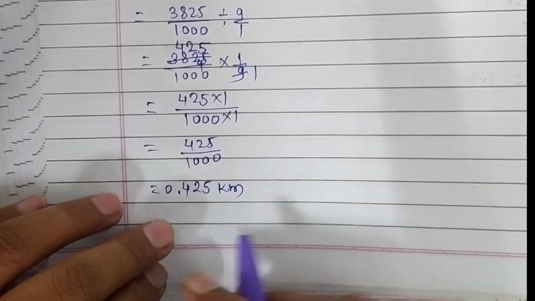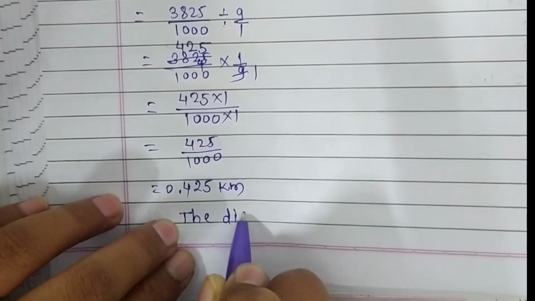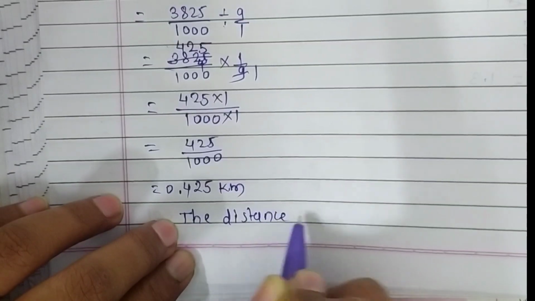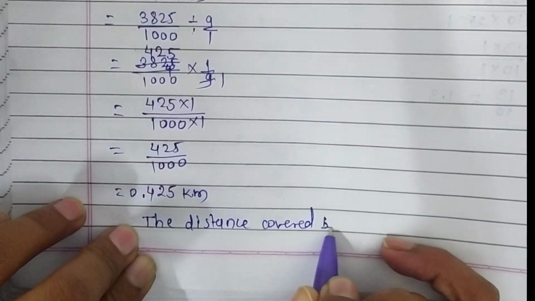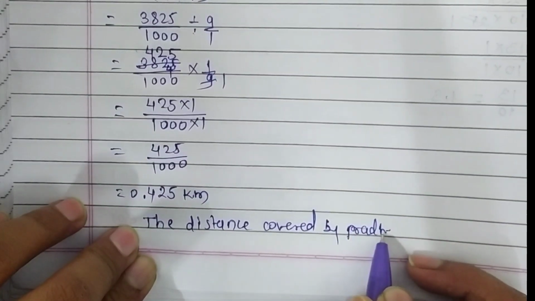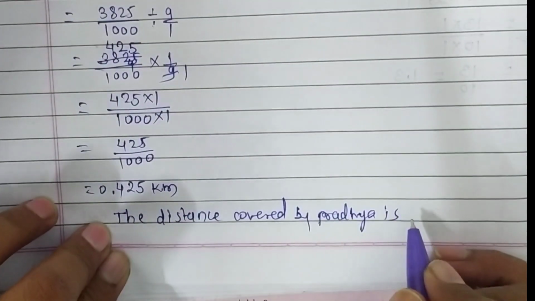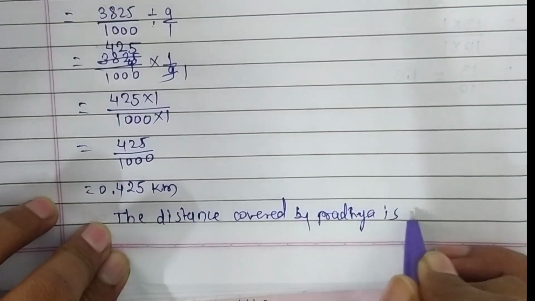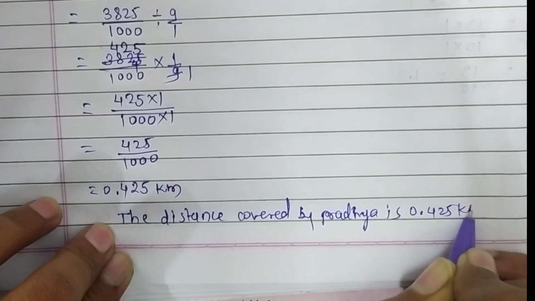Write here in words: the distance covered by Pradnya is 0.425 kilometer.